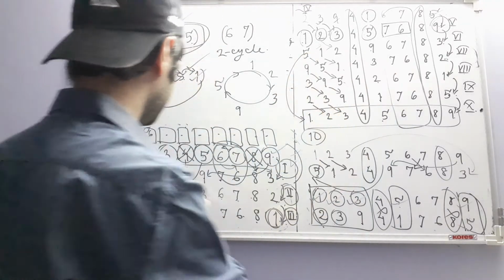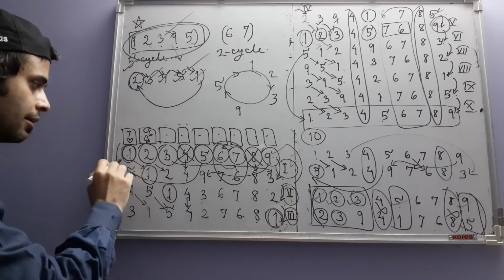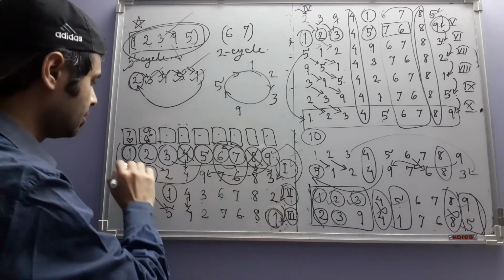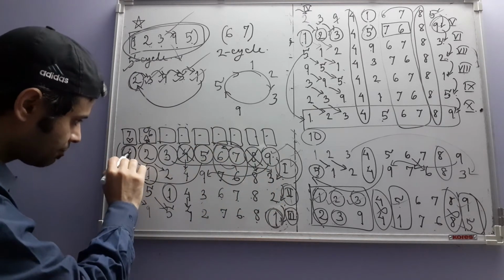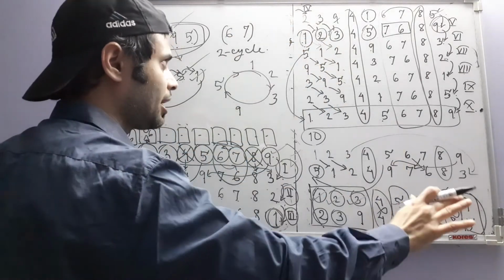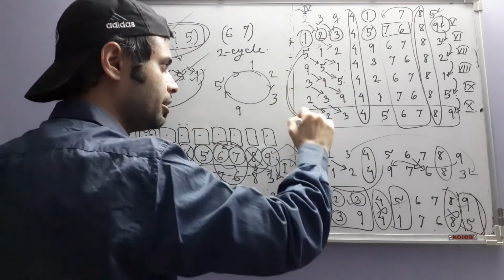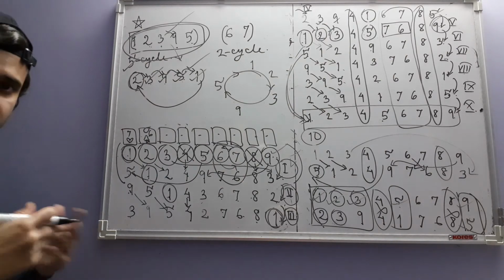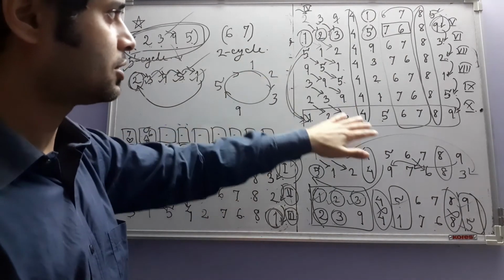Because you see, it's just the same calculation for 1, 2, 3, 5, and 9. Coming from here to here is the same identical thing as coming from here to here, because we are again going through the same steps.